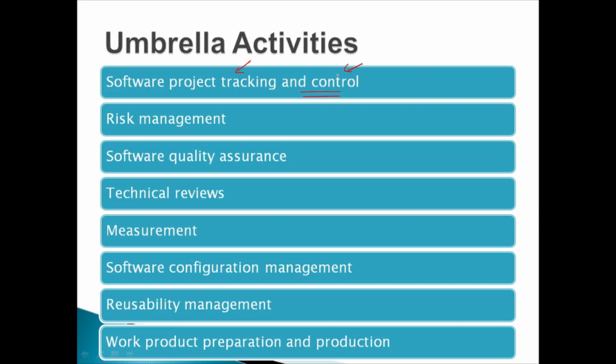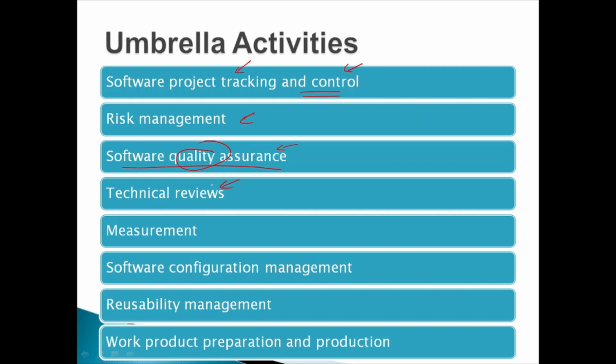Next one is risk management. It assesses risk that may affect the outcome of the project or the quality of the product. Next is software quality assurance. As the name suggests, it defines and conducts the activities required to ensure the software quality. Okay. Next, technical reviews or formal technical reviews.